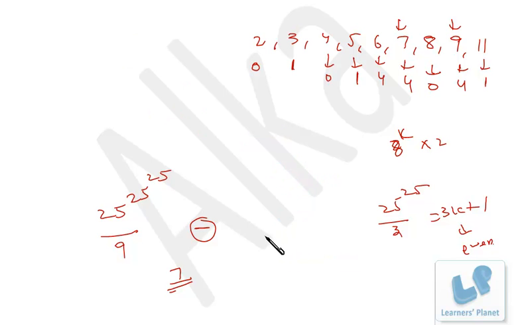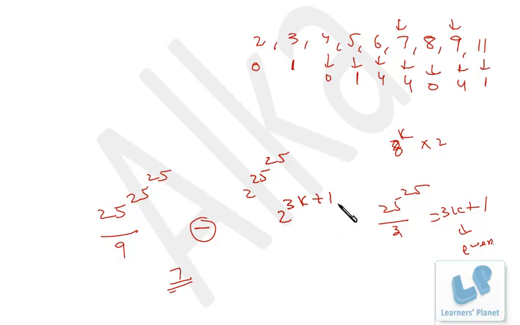I make a quick recap over here to do the problem faster. That's minus 2 raised to 25 raised to 25. So we are retaining this minus sign, and we just continue playing with 2 raised to 25 raised to 25, right? Now 25 raised to 25 is actually 3k plus 1, where k is an even number. So 2 raised to 25 raised to 25 can be written as 2 raised to 3k plus 1, right?